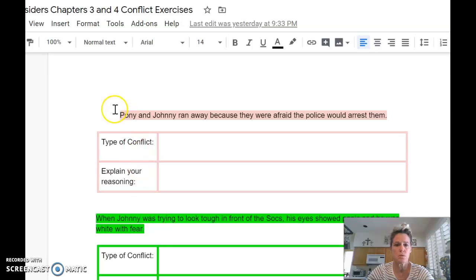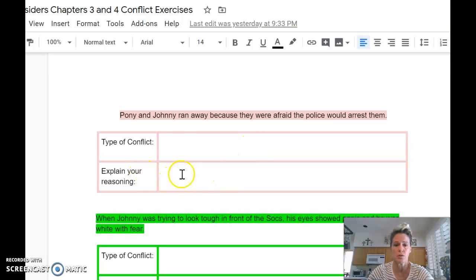Another one is, if you look here, Pony and Johnny ran away because they were afraid the police would arrest them. This type of conflict would be a character versus society, because remember I mentioned the police are a part of that, and that's an organization. If you explained your reasoning, I would want you to say why it's this type of conflict. So the reasoning is, why did I choose character versus society here?